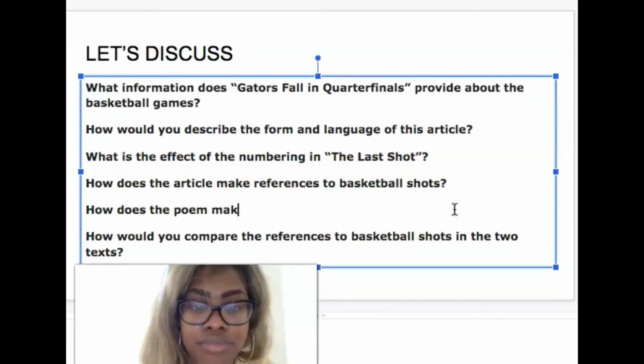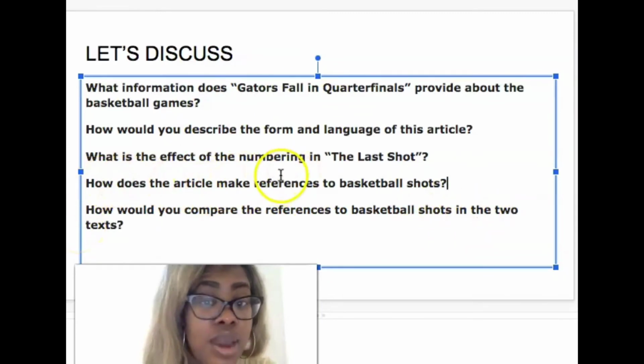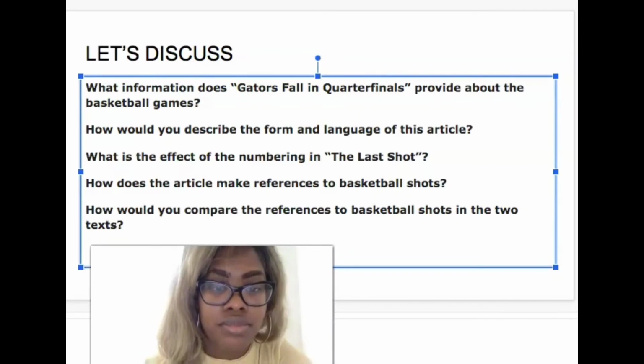Let me delete that. How would you compare the references to basketball shots in the two texts? What is the effect of numbering in the last shot? And how would you describe the form and language of this article? What information does Gators fall in quarterfinals provide about the basketball games?